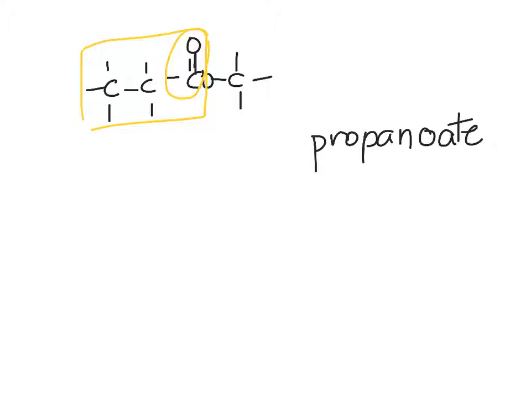And then the other part you count out from the single bonded O. So in that case, it's just methyl. So it's methyl propanoate.